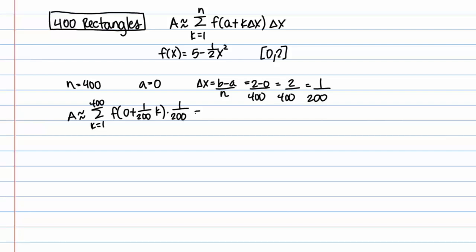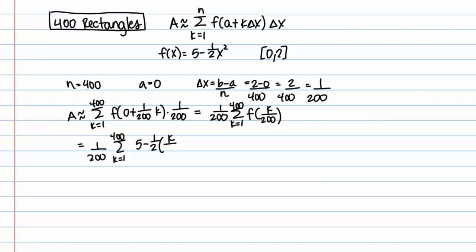Okay, now from here this is going to be quite similar to what we did before. I'm going to pull this 1 over 200 out front. So I have f of k over 200. And then I'm going to stick k over 200 into my function. And if I do that, it's going to look like 5 minus 1/2 times k over 200 quantity squared, right?